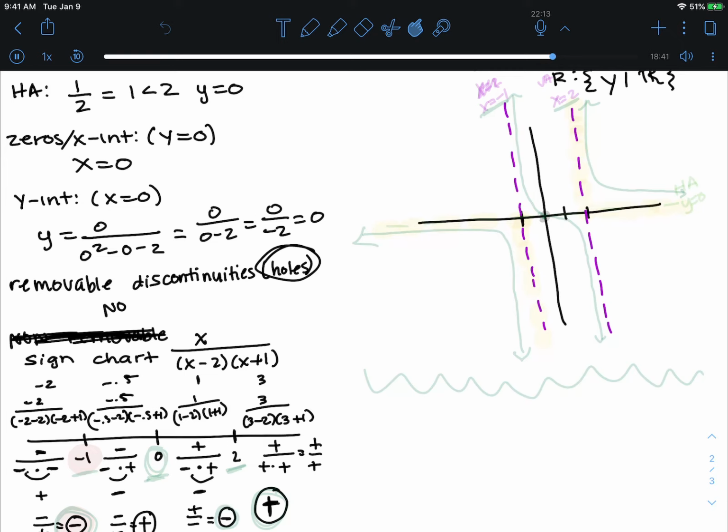Okay, and now my horizontal asymptote, which is going to be at y equals 0, so I use another color for that one. So that's my horizontal asymptote at y equals 0. And my x equals 2, and x equals -1.